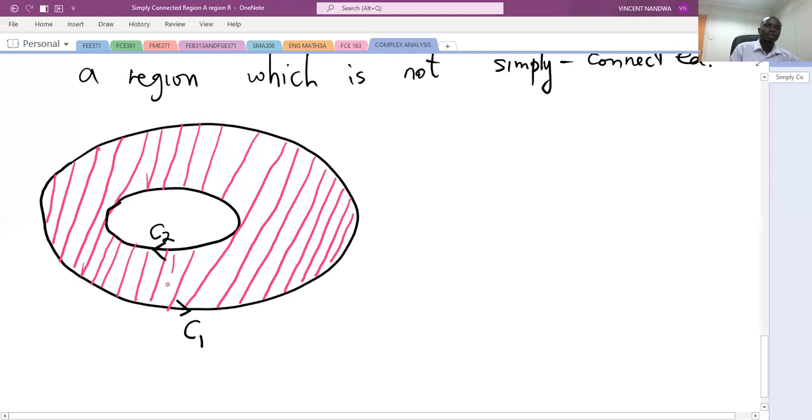This is what I'm trying to mean, that this shaded region R is what we are calling the multiply or multi-connected region.